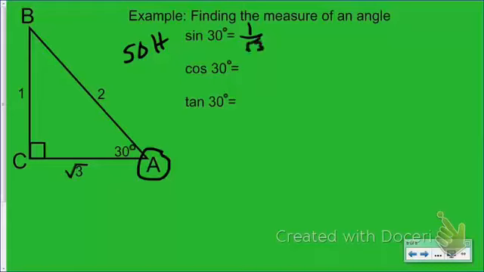But this time I'm going to do something a little different. I'm going to take my calculator and divide 1 by the square root of 3 and see what that equals as a decimal. 1 divided by the square root of 3 equals 0.57735.